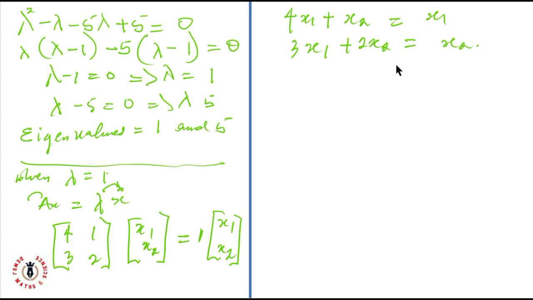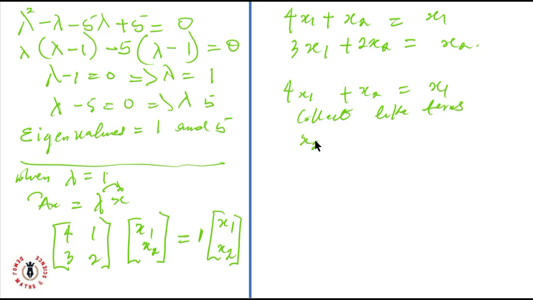Now, whichever of the two equations you use, you definitely come out with the same thing. But let's pick equation 1 first. If my 4x1 plus x2 is equal to x1, let's collect like terms.